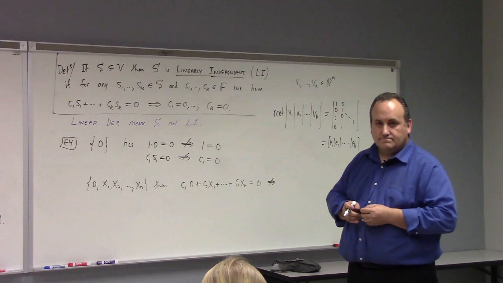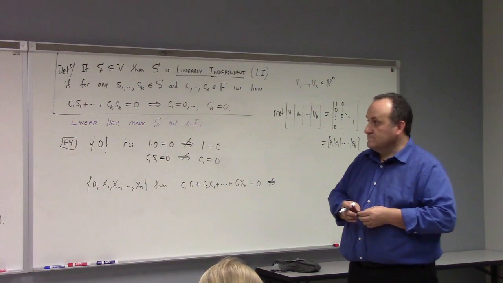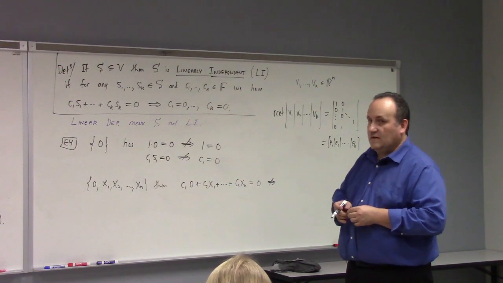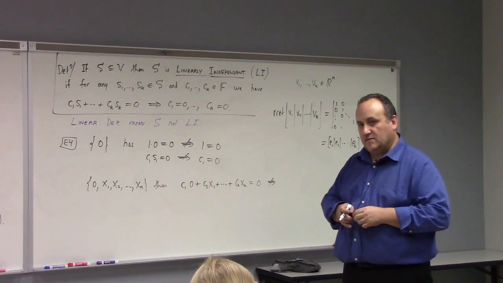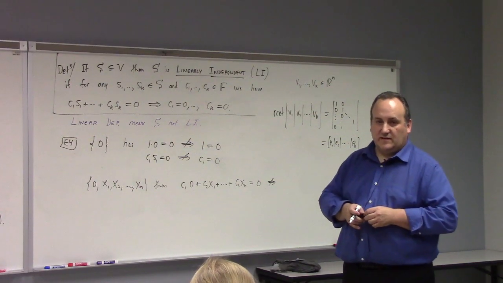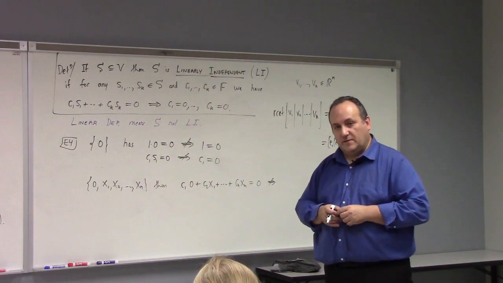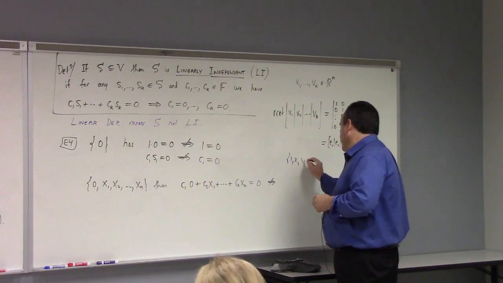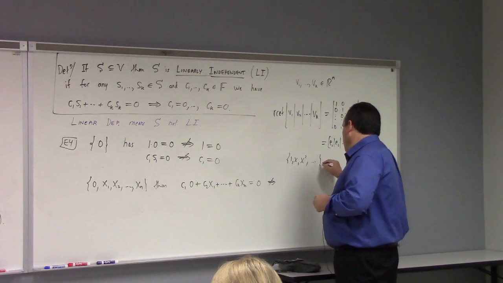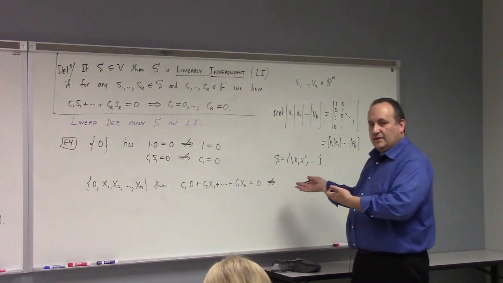So for this definition, are we assuming anything about S, or is it just any set? Any set. It doesn't have to be finite, but it's tested by finite linear combinations. So for example, we can check the linear independence of the monomial generating set for polynomials. If we think about the set 1, x, x squared, and so forth, let me call it S, this is linearly independent, right?